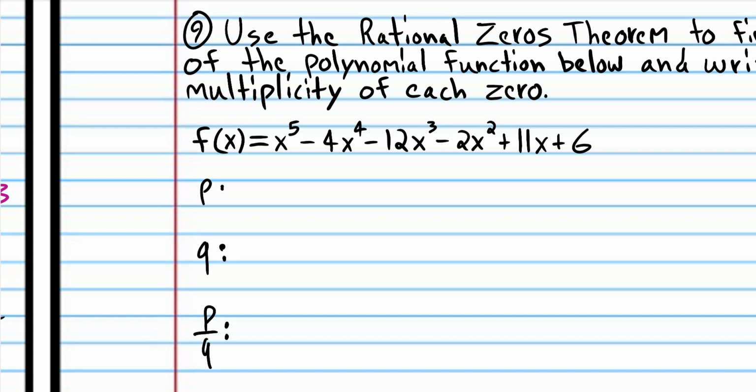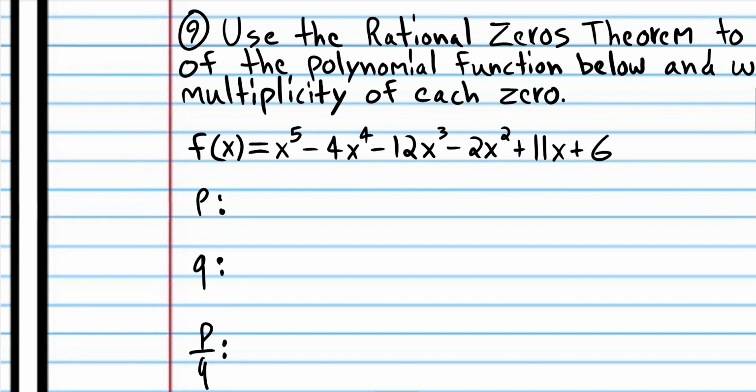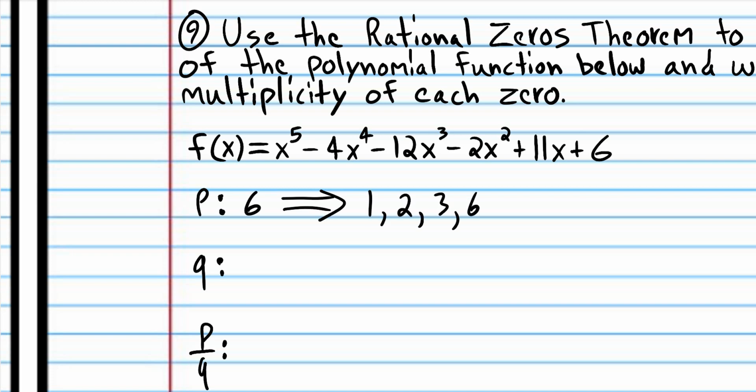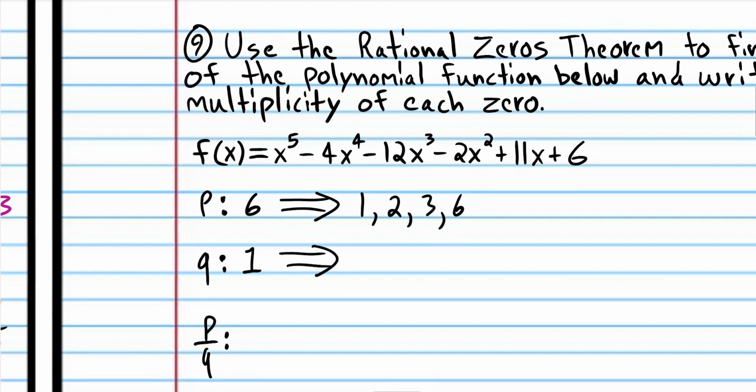That's going to help us find the potential zeros, the rational zeros. So P represents the factors of the last term, 6. And Q represents the factors of the coefficient of the first term, which is 1. So just to be clear, we got that from there and that from there.